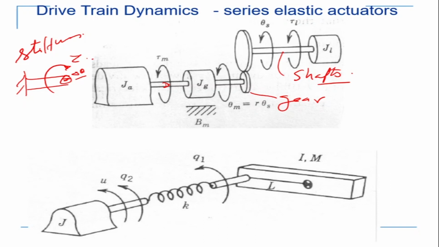You can have a linear spring or a torsion spring. In a torsion spring, for example, if I apply a moment, it is going to deflect by a small amount del theta. So tau is equal to k into del theta, where k is my stiffness. Now the shaft will have some amount of stiffness, that means it will have a k value.